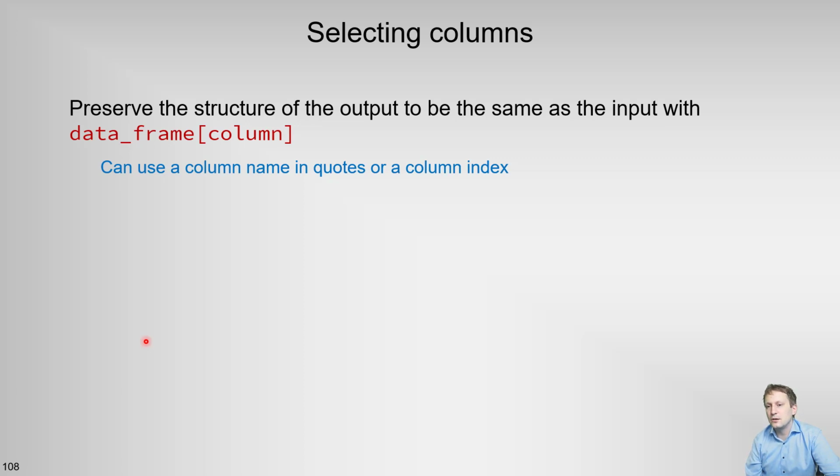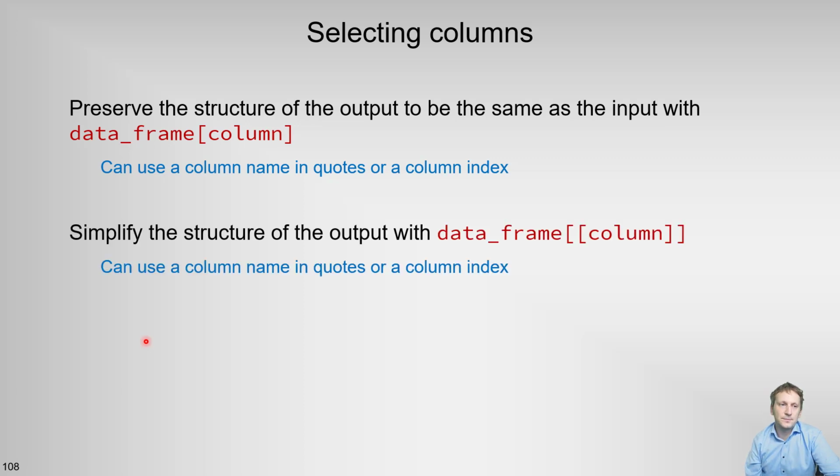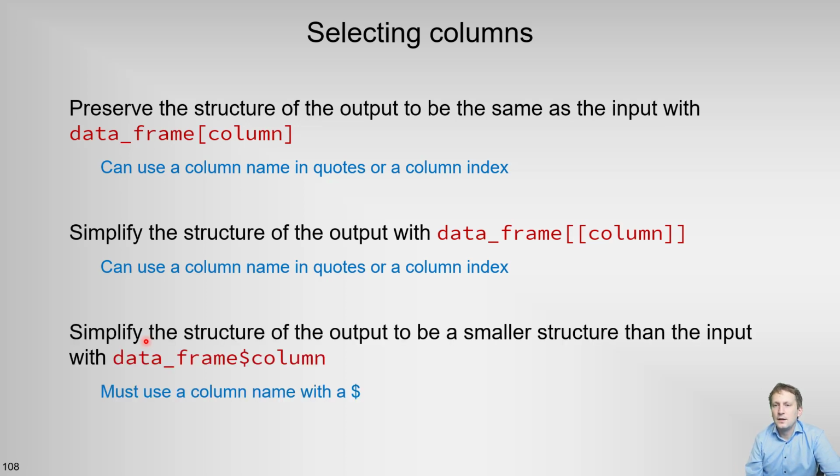It's not dropped down to a vector, even though that simplification would be possible. If you want that simplification, so you're picking a vector out of a data frame and you want that to be a vector, not a data frame with just one column, then you have to use a double bracket operator. And one other thing that simplifies the structure is when you use the dollar, so the addressing by column name. That also drops down the result into a vector.